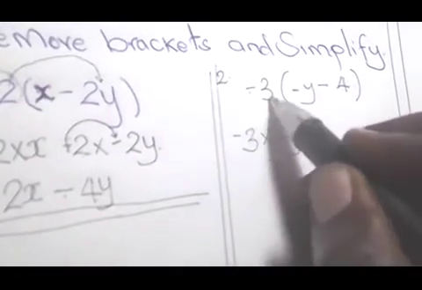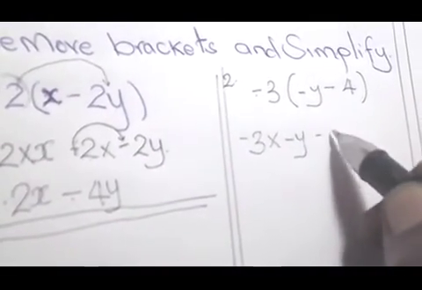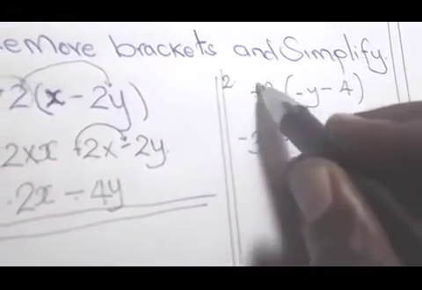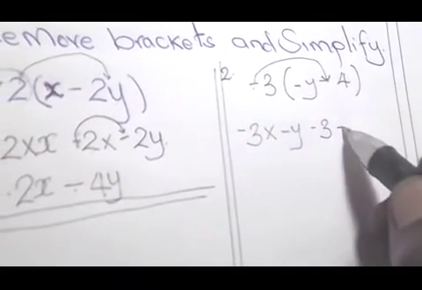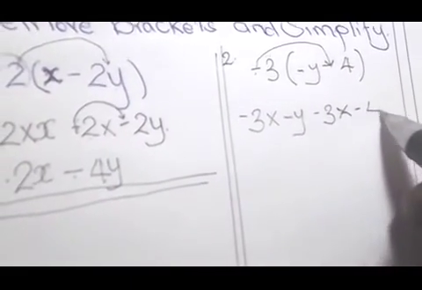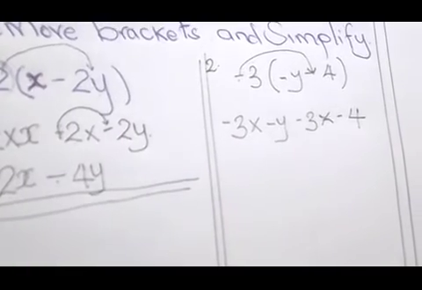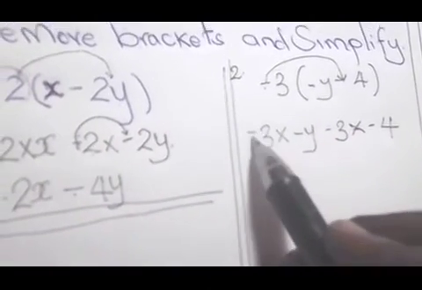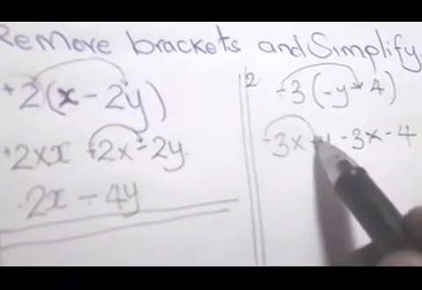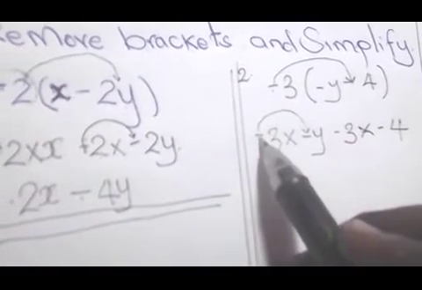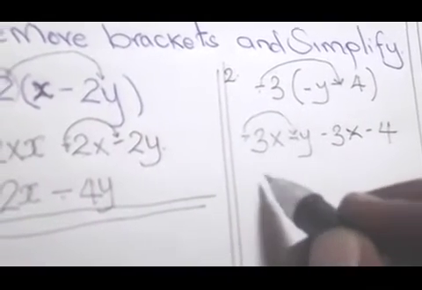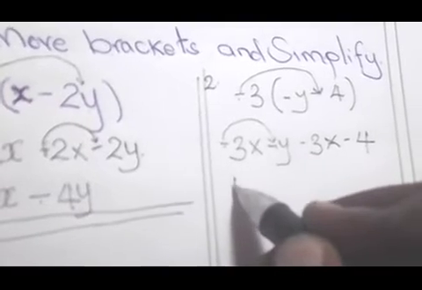Then you take the same number, negative 3, times this negative 4. Now we simplify that. Negative times negative, remember this one here? It is a negative times a negative. What do we get? We get a positive.